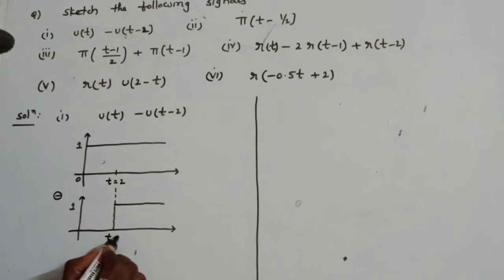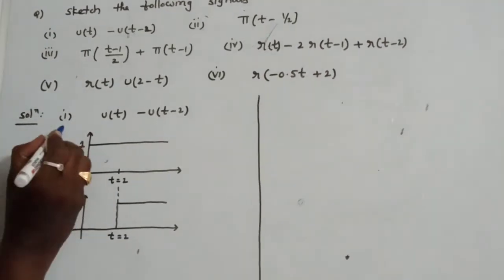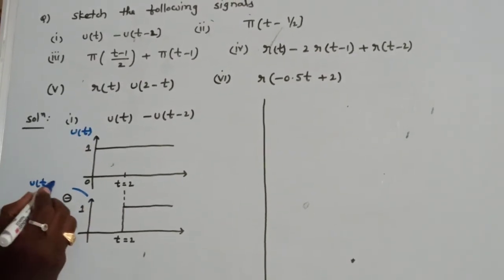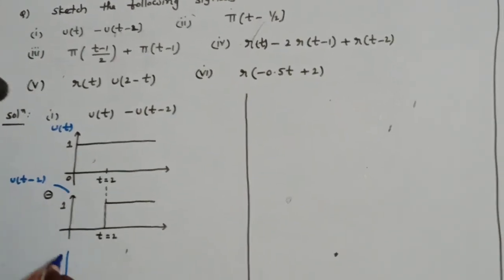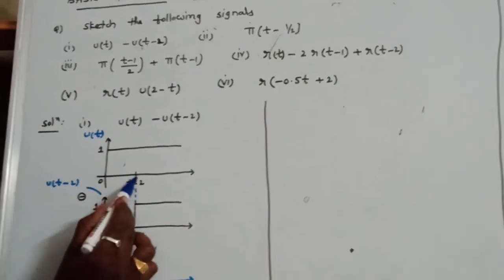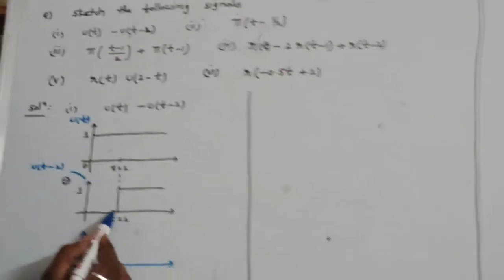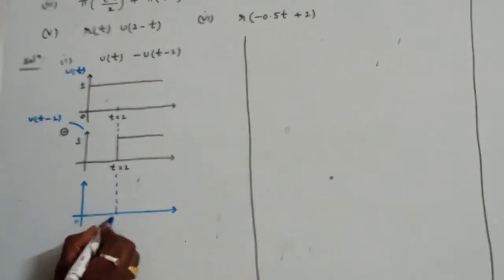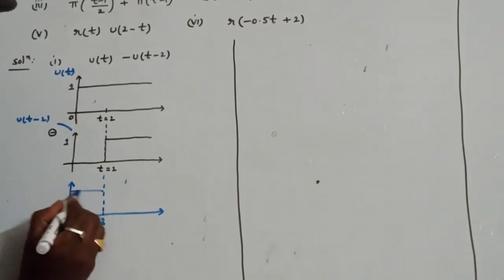So you can see t is equal to 2. Let us subtract both of them. This is the u of t signal, and this one is u of t minus 2. Let us see the answer. In the interval 0 to 2, the first signal's value is 1 and the second's is 0, so 1 minus 0, the amplitude is 1.